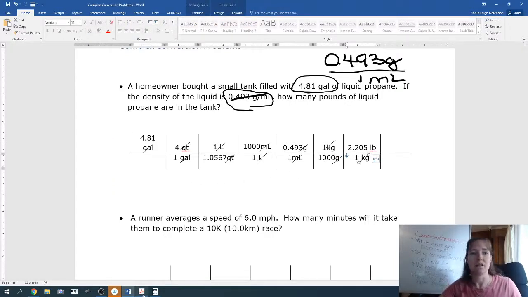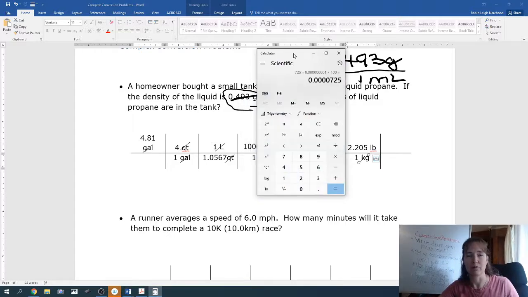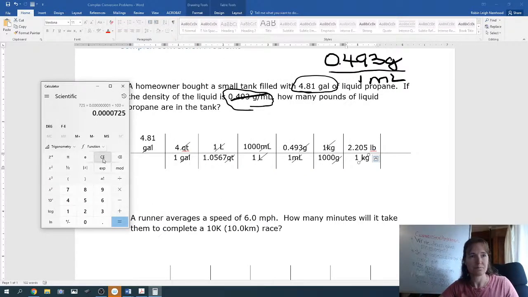So now we need to see what mathematical number this equals.